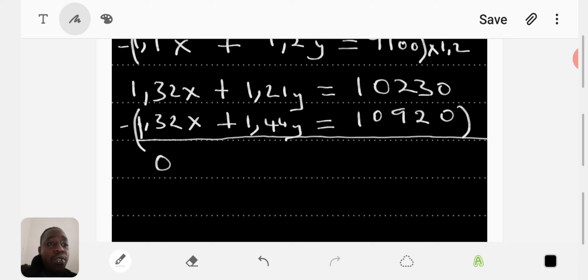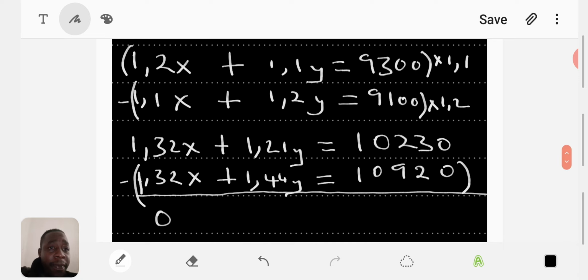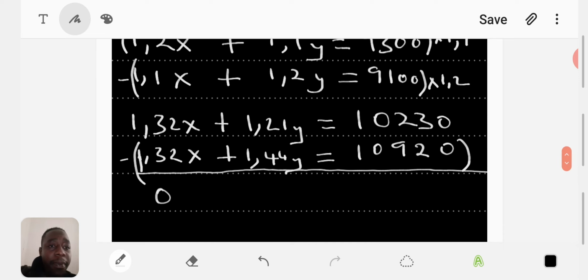If you subtract those two, 1.44 minus 1.21, that's 0.17, so 0.17y is equal to 10,920 minus 10,230, which is 690.